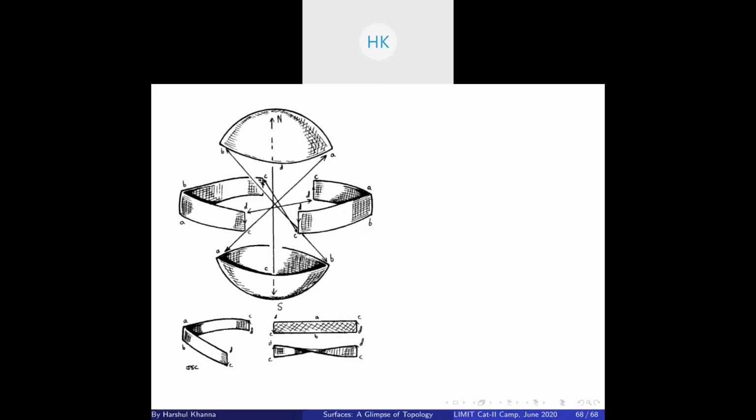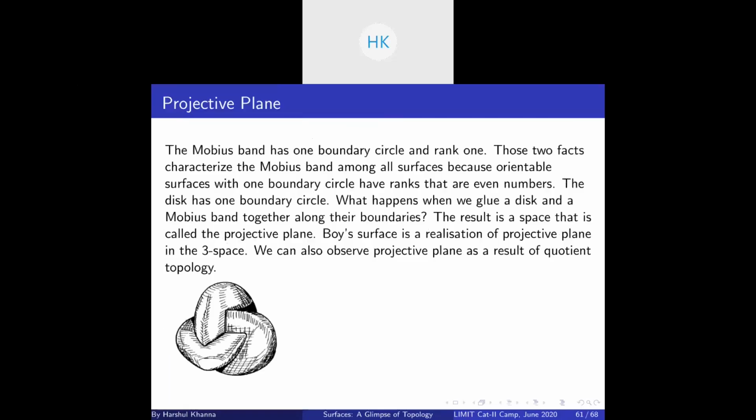Let me return to the projective plane. A Mobius band has one boundary circle and has rank one. Those two facts characterize the Mobius band among all surfaces, because orientable surfaces with one boundary circle have ranks that are even numbers, as we discussed earlier.